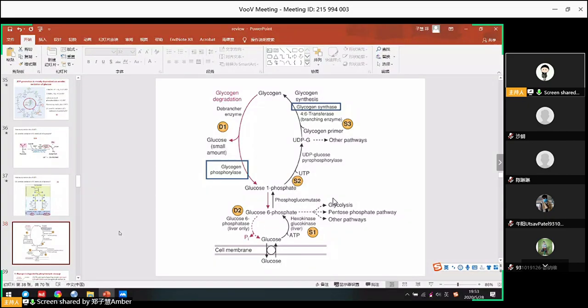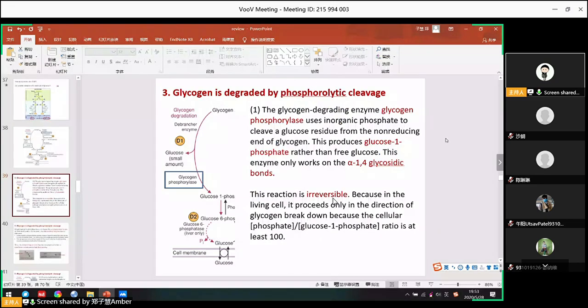For glycogen degradation, the first step, you have to know this is a very important enzyme. The glycogen degrading enzyme is glycogen phosphorylase. It only cuts alpha-1,4 glycosidic bonds.